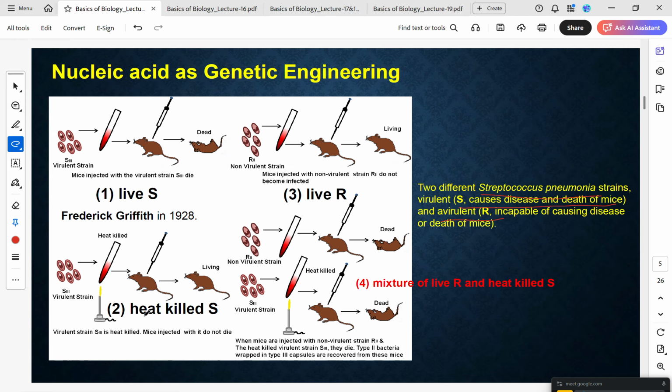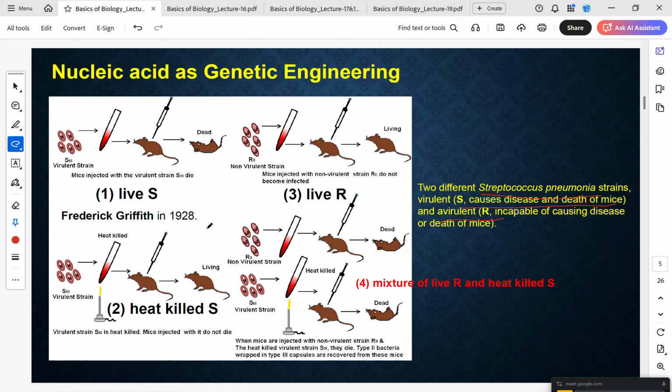When he heat killed the S strain, heat treating inactivates them, the mice lived.